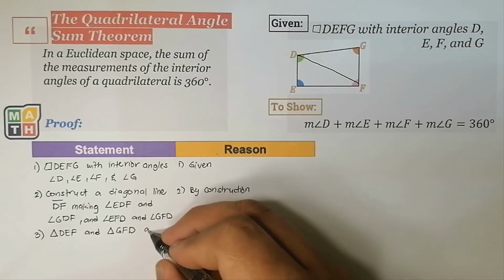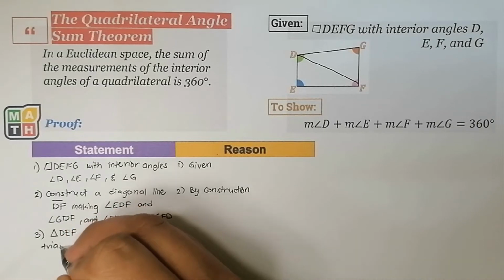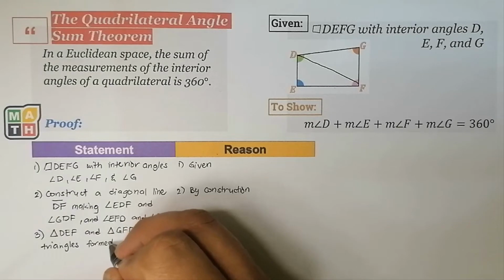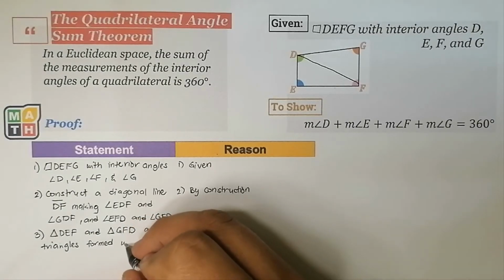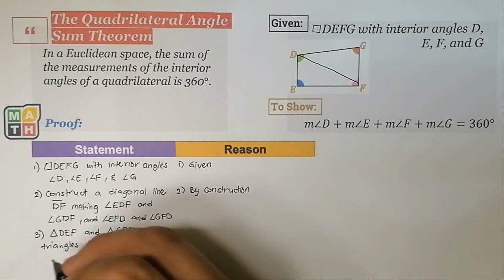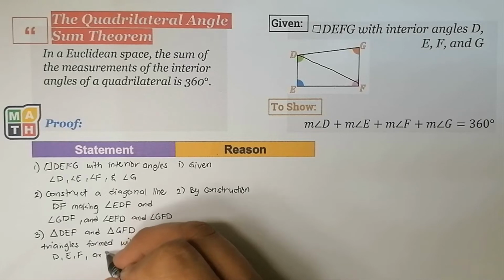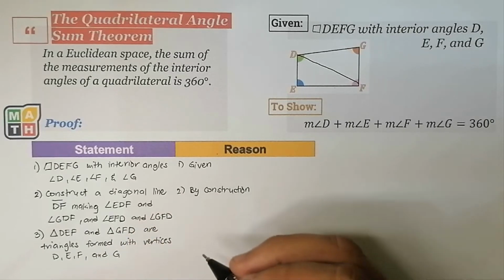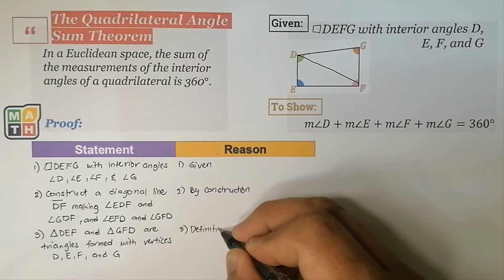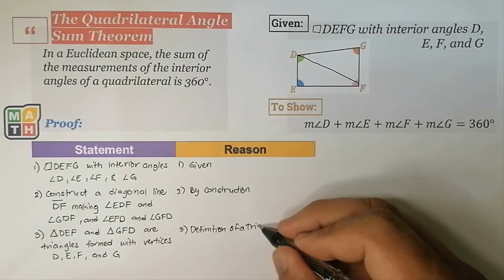We could say here are triangles formed with vertices D, E, F, and G. We can just say this is by definition of a triangle.